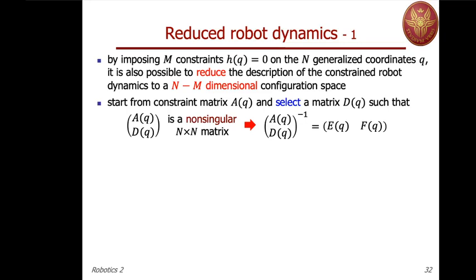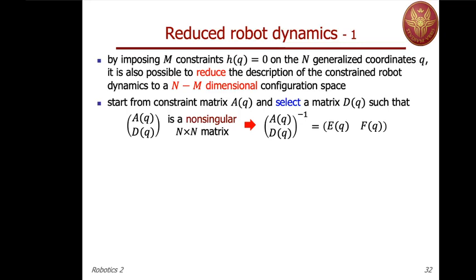Now pay attention, in general, this inversion cannot be made symbolically. But you can, for every q, assuming that the matrix A D is non-singular, do the inverse numerically and then have the columns of the inverse labeled as E and F. Of course, they are implicitly functions of q, but you don't need to have their symbolic expression in general.